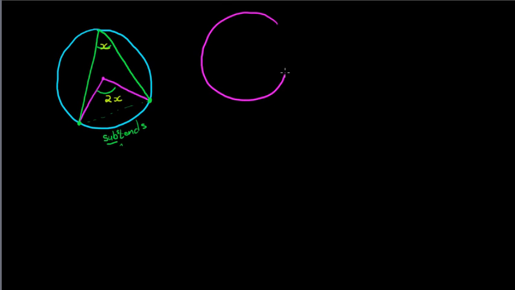Now let me draw you some different ways in which this can happen. There's only one way from these two points. If I go from this point and from that point to the center, there's only one angle I can make. I have my angle at my center. But the angle at the arc could be anything.